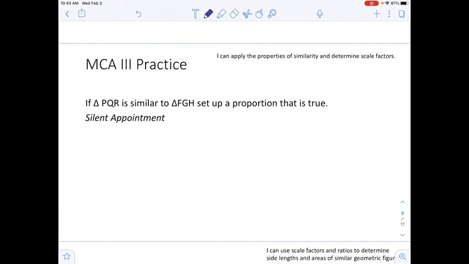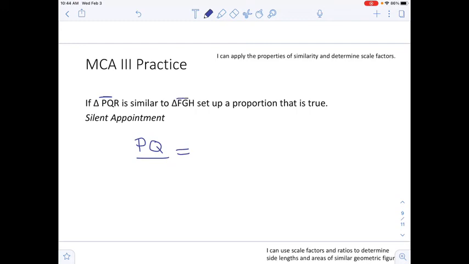This one says if triangle PQR is similar to triangle FGH, set up a proportion that is true. Okay, so we have triangle PQR and triangle FGH. Those are similar. So my proportion here, we could set this up in multiple ways. Let's start with the first two letters, PQ.